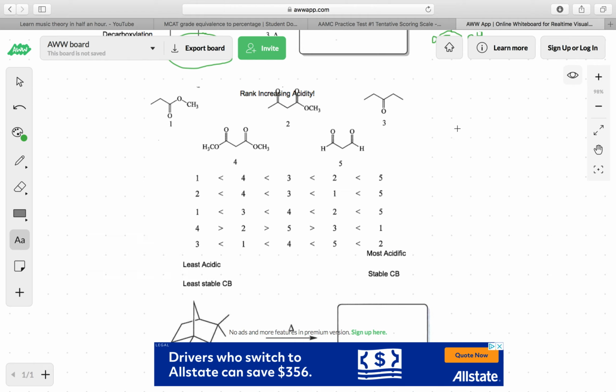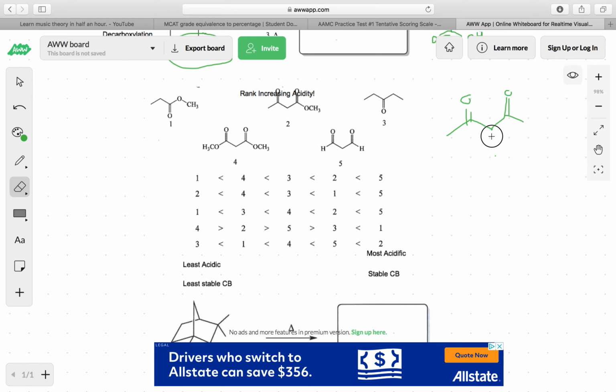So we know when we have a dicarbonyl compound, something that looks like this, we're going to have the acidic proton over here. The reason why is when you take off this proton, you're going to get a carbanion. The anion, we can stabilize it through resonance.